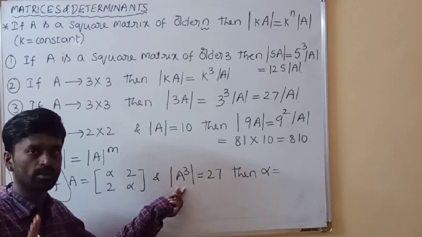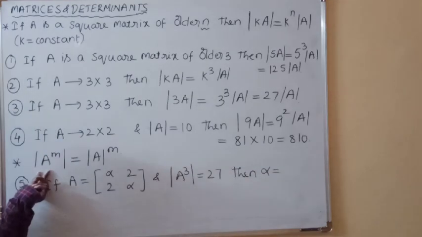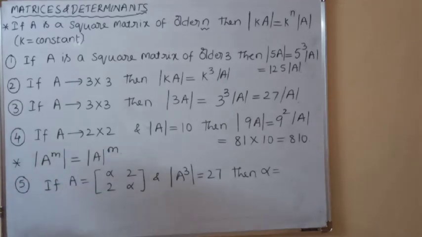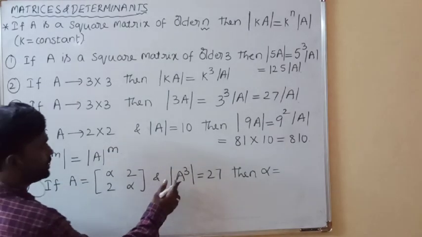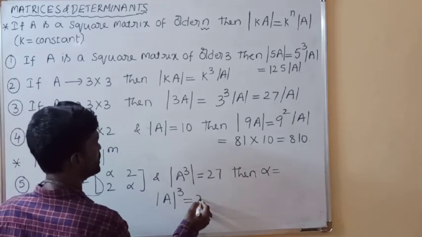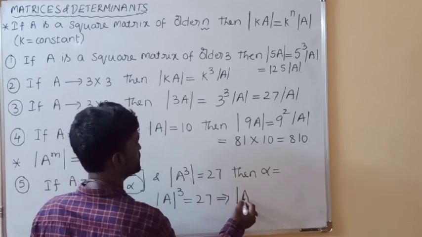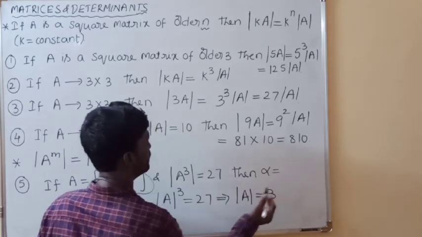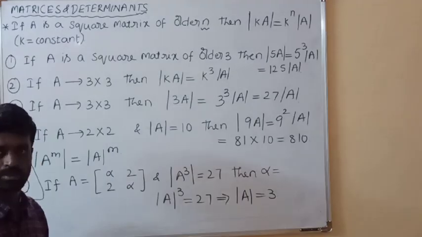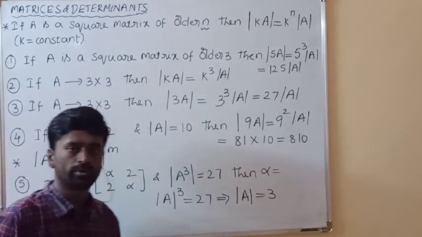Use this formula: det of A power m is equal to det A whole power m. So det of A cube is equal to det A whole cube, which is 27. Det A whole cube is 27 means det A is equal to 3, because 27 is nothing but 3 cube. Then det A is equal to 3.